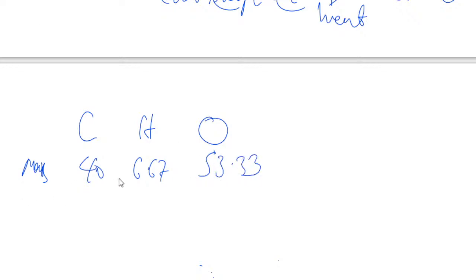Okay, now that's the percentage mass. And then what about the molar mass? The molar mass of carbon is 12. The molar mass of hydrogen is 1. The molar mass of oxygen is 16.